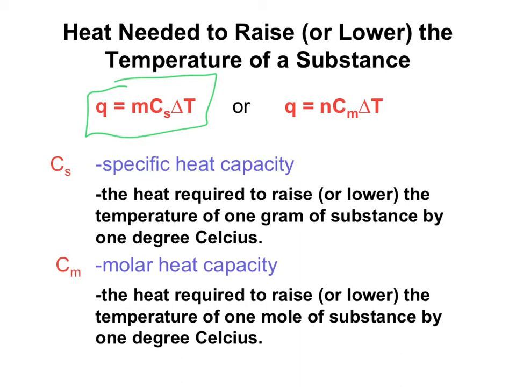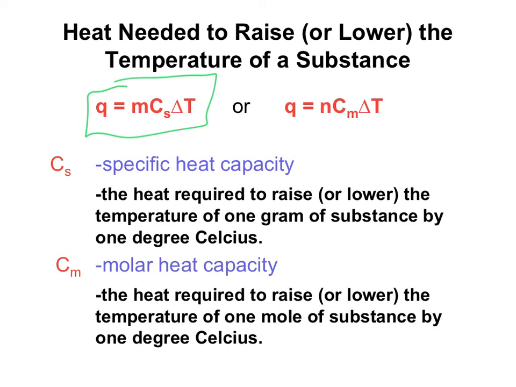And then the molar heat capacity, CM, definition similar. The heat required to raise or lower the temperature of 1 mole of substance versus 1 gram of substance. And then both are by 1 degree.